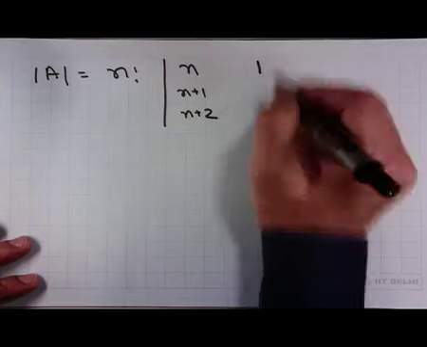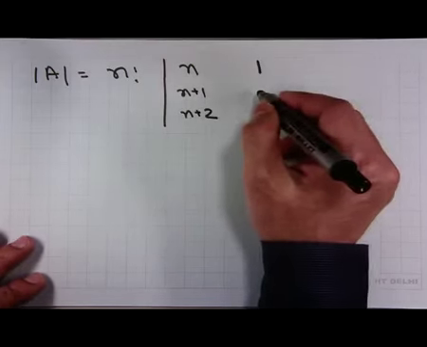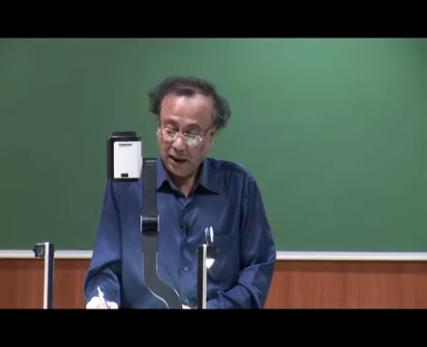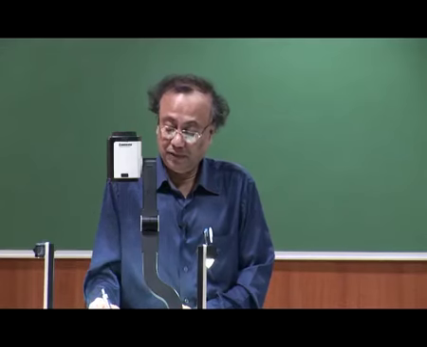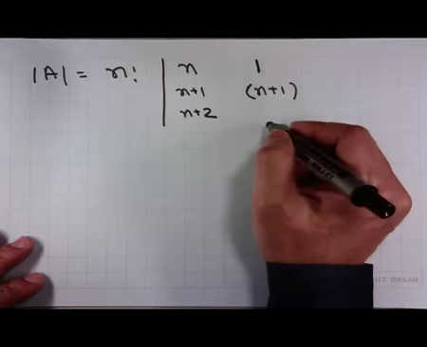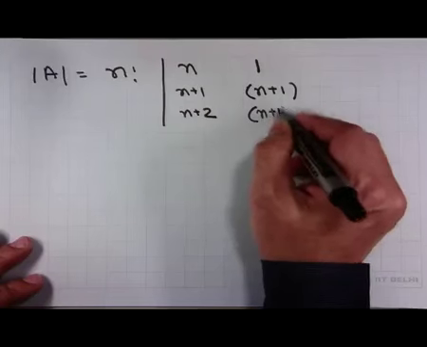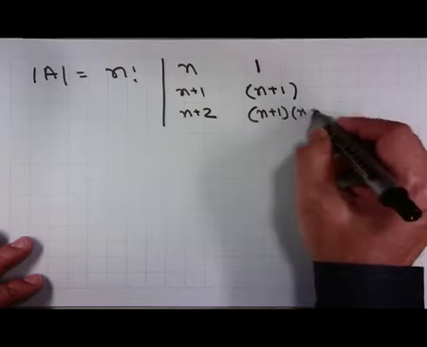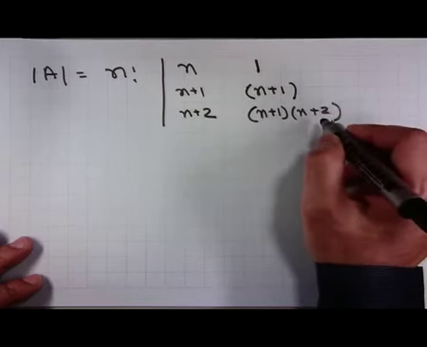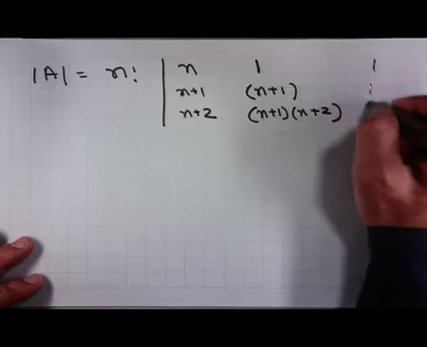After taking out n factorial from n factorial, we get 1. After taking out n factorial from n plus 1 factorial, we get n plus 1, and after taking out n factorial from n plus 2 factorial, we get n plus 1 into n plus 2, and of course, the third column remains same, which is 1, 1, 1.